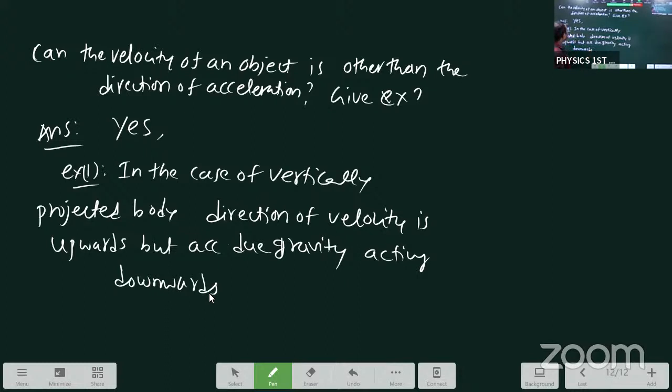This is the example for this question. The answer starts with yes onwards. For this, 1 mark is there for the yes, 3 marks here, total 4. This answer looks like a VSAQ, but in the examination you get it in the SAQ zone. Then the velocity of an object is other than the direction of acceleration. Yes, it is possible. Answer.